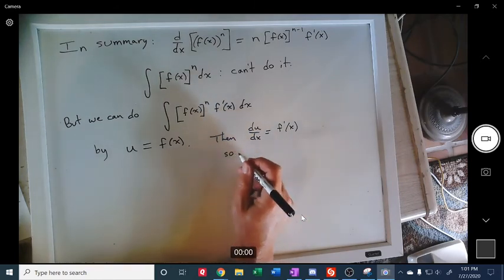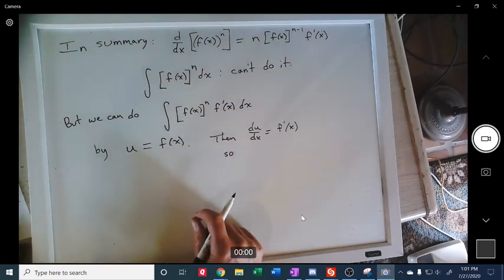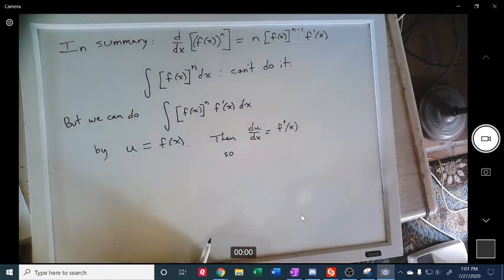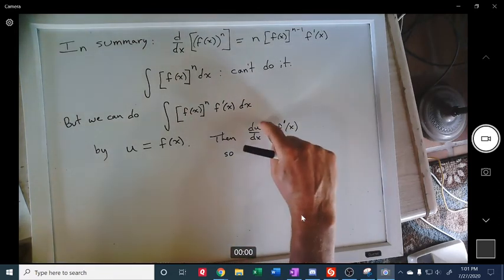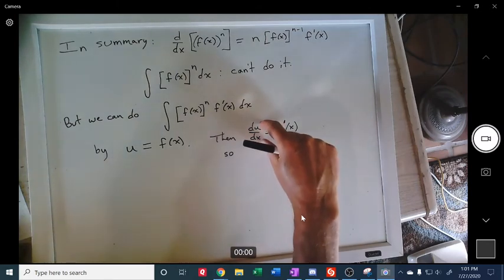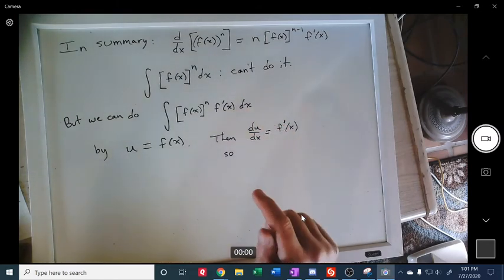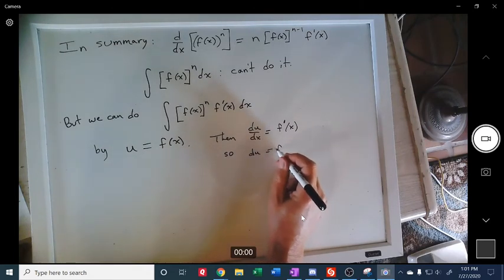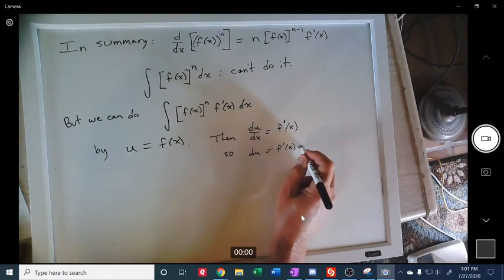And here we're going to do something that we've never done before. We're going to treat the du and the dx separately. I'm going to multiply both sides by dx. du equals f prime of x dx.